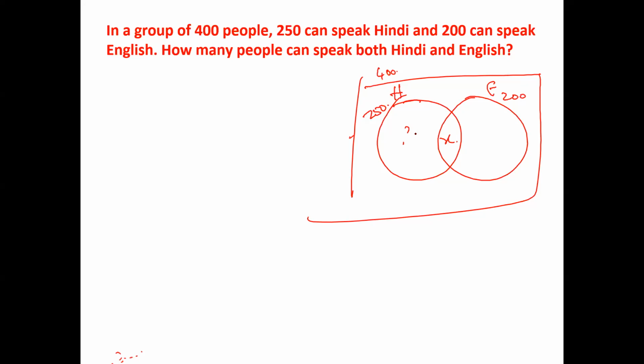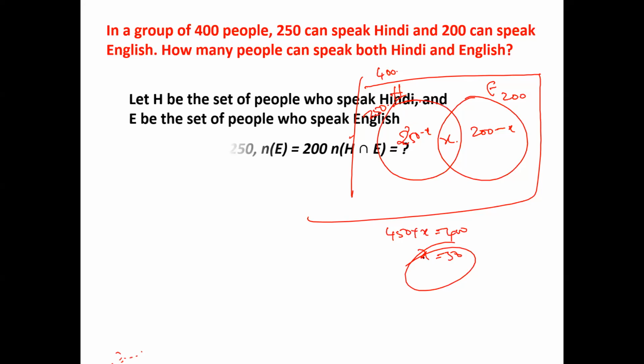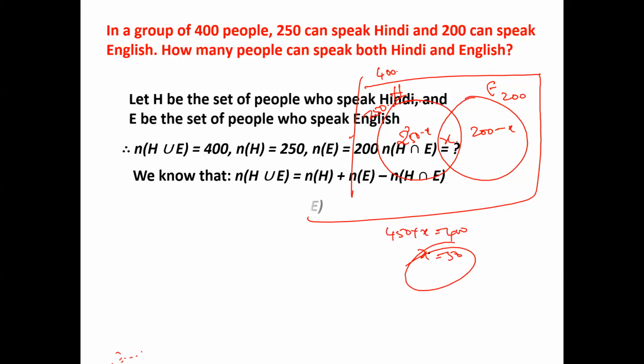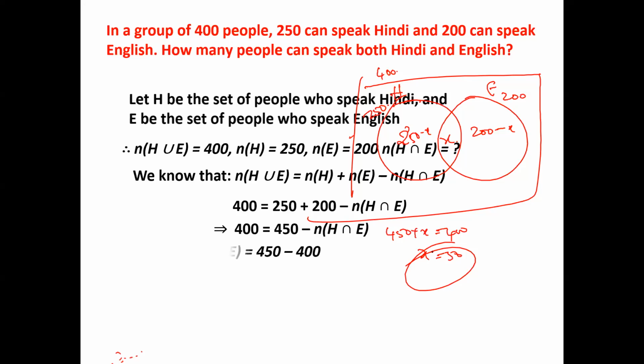So again it is 250 minus x. This is 200 minus x. If I add all the three, so 450 plus x is equal to 400. So x is equal to 50. So this is a formula method. But in competitive exams, you can use this.